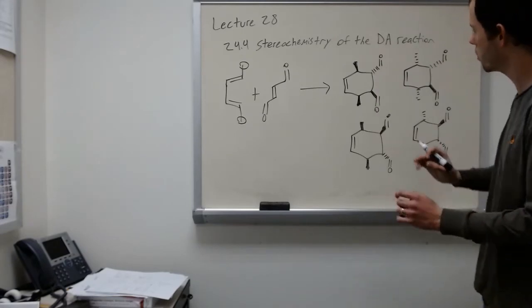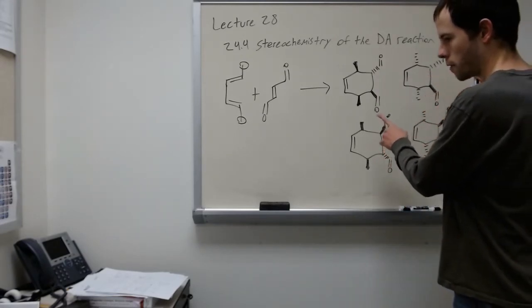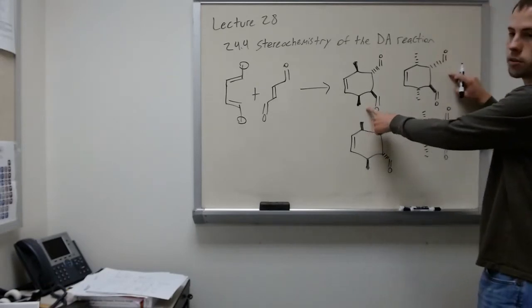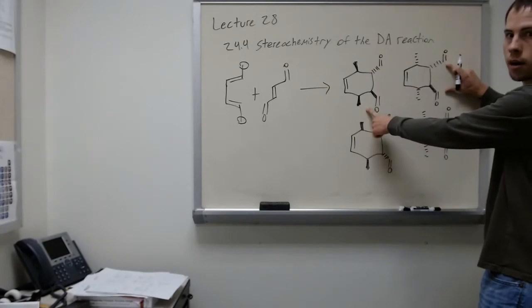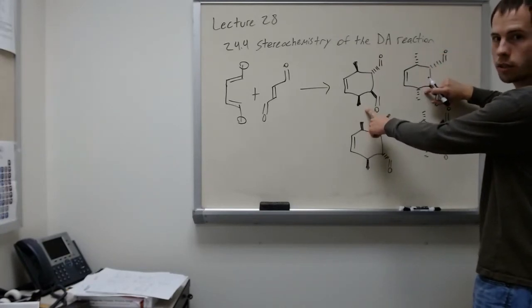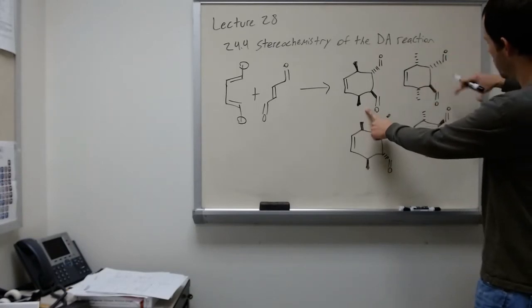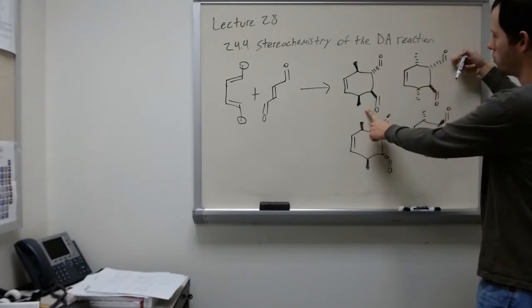And so if we look at these two compounds here, they're actually the same thing. So if I take this compound and flip it over, these bonds will be coming towards me. This aldehyde is now going to be down here, so it's going to be pointing out. And this one's going to be now over here pointing back.